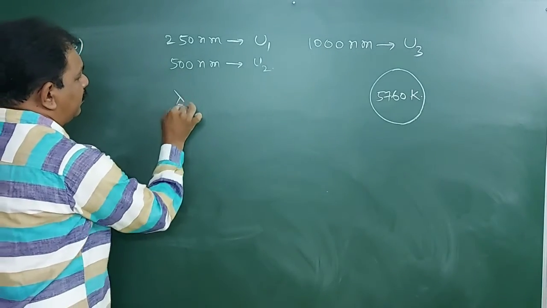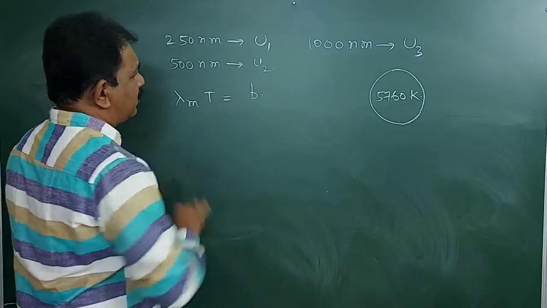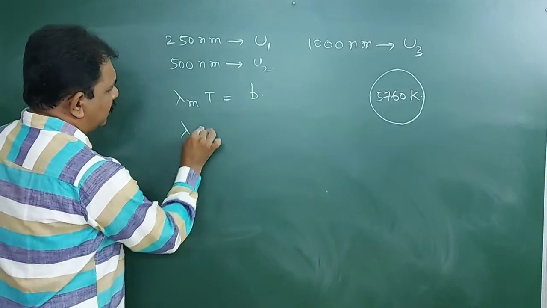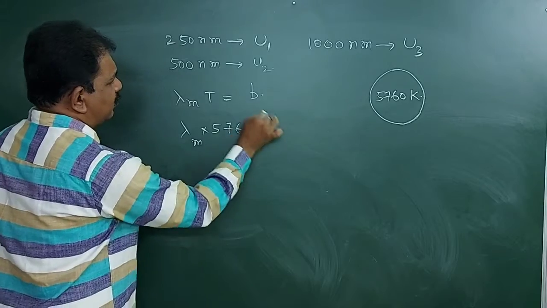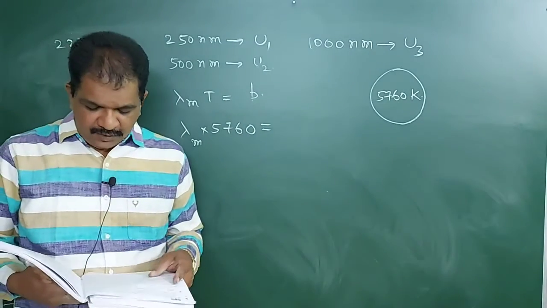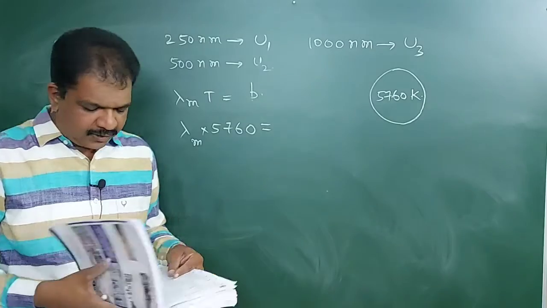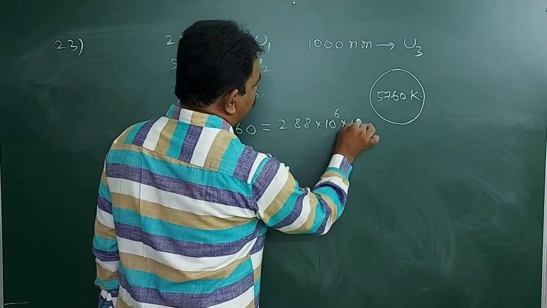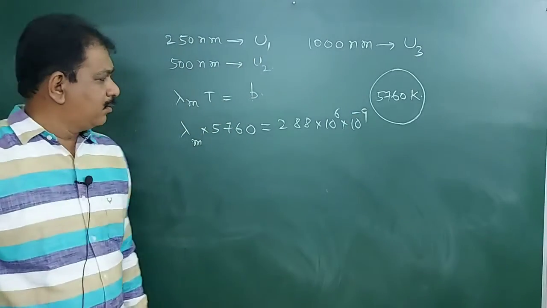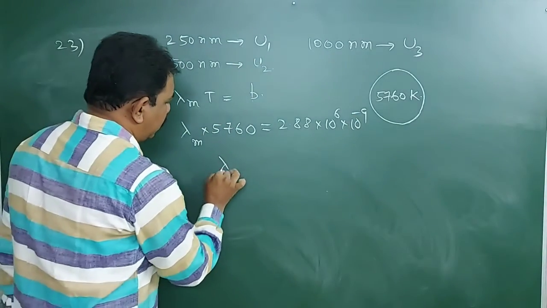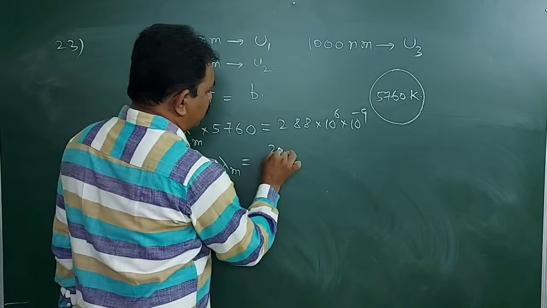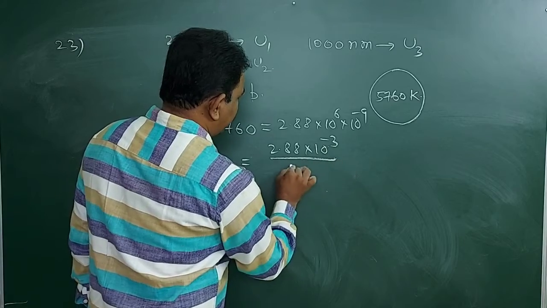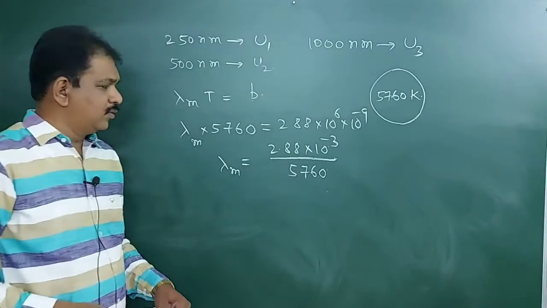Here, lambda m into T is equal to constant B. Here you calculate lambda m. Temperature is 5760. This B will be Wien's constant. They gave that value as 2.88 into 10 power minus 3 meter Kelvin. So lambda m is equal to 2.88 into 10 power minus 3 by 5760.